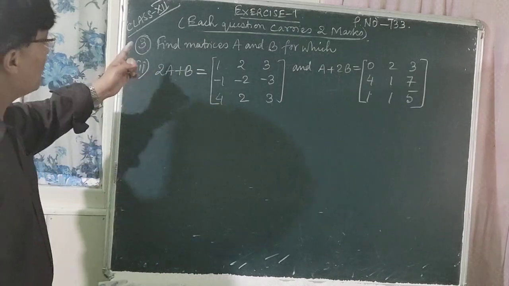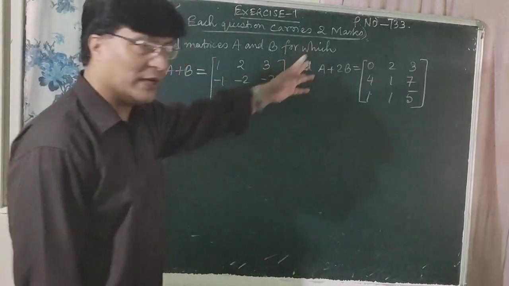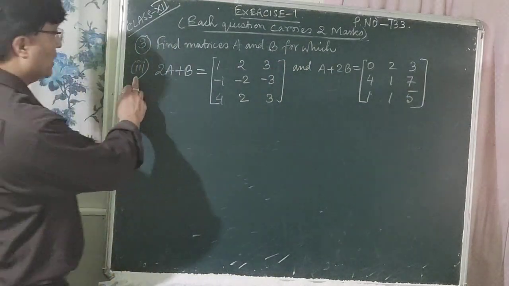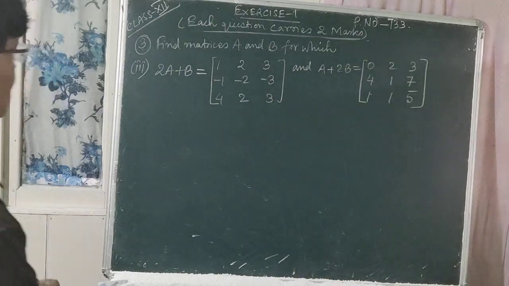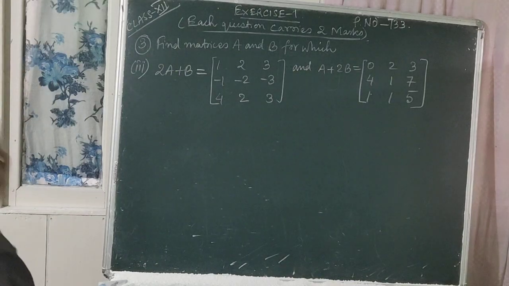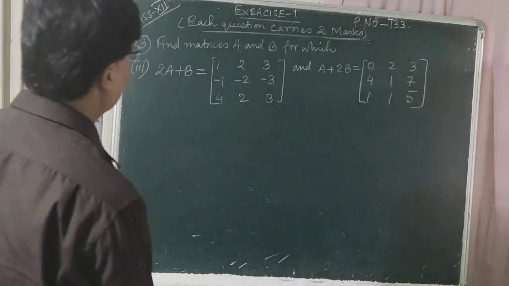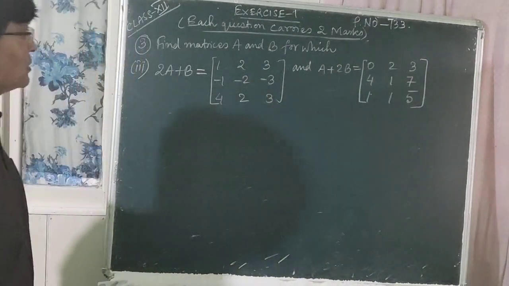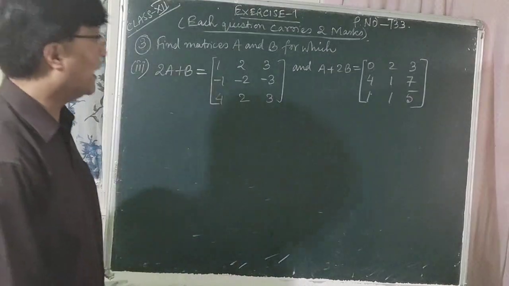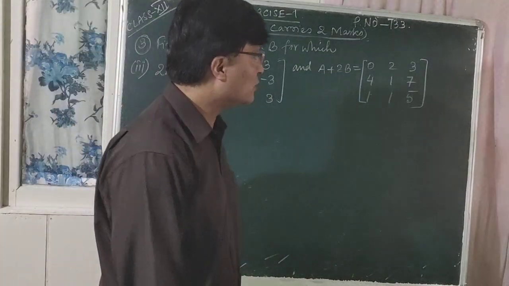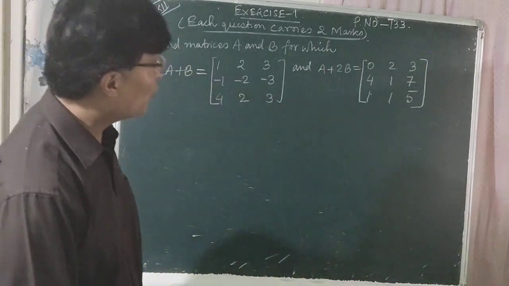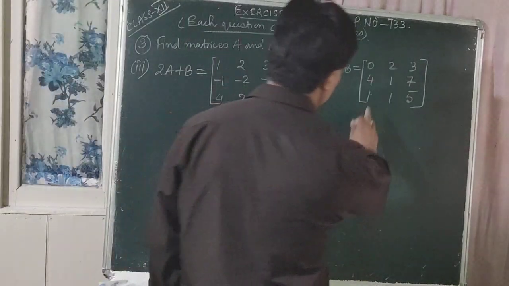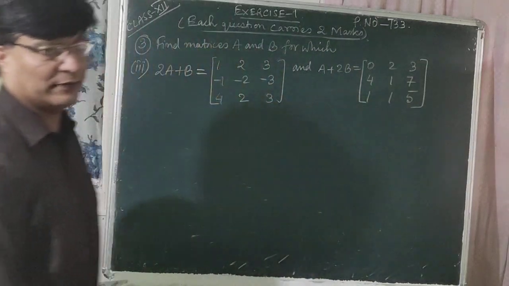Find the matrices A and B for which 2A plus B is equal to the matrix: first row 1, 2, 3, second row minus 1, minus 2, minus 3, third row 4, 2, 3. And A plus 2B is equal to: first row 0, 2, 3, second row 4, 1, 7, and third row 1, 1, 5.